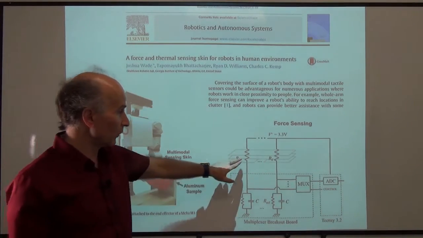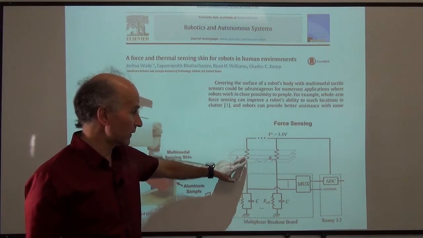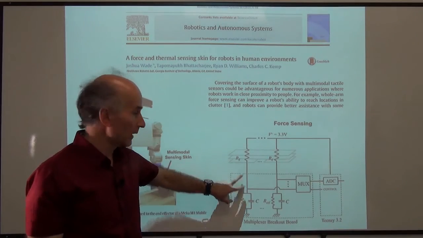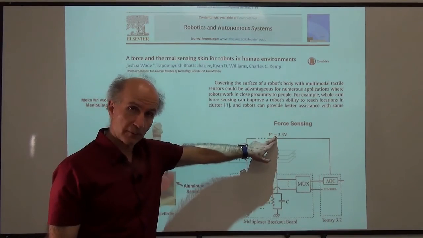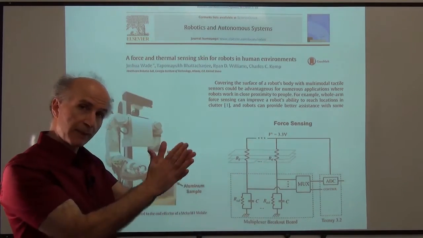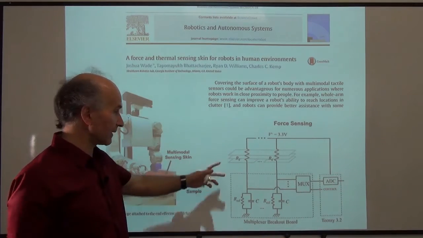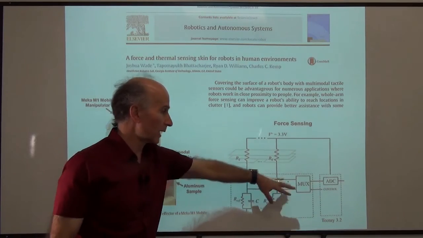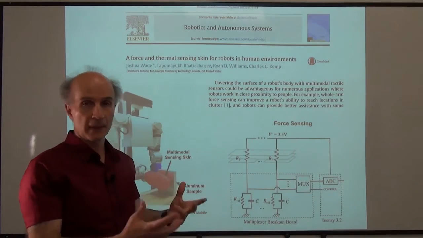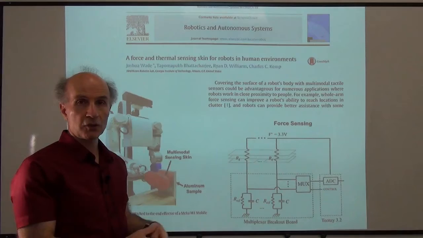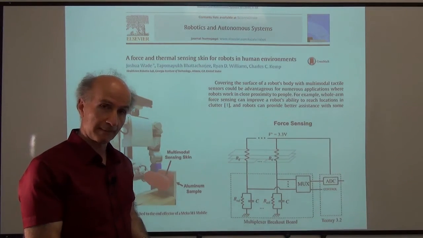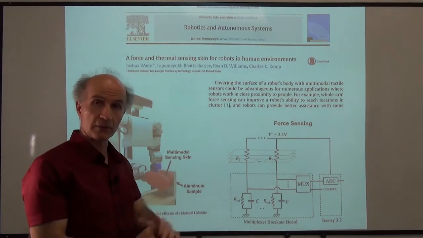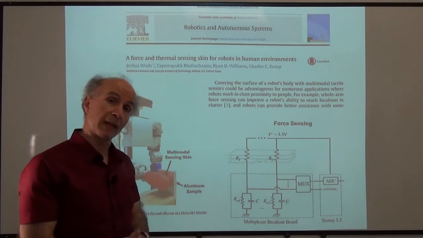And now, just like before, we form a voltage divider using that resistor and a constant resistor. And this is connected to a battery voltage. So as the robot presses against something and the value of the resistance changes, so does this voltage. This voltage changes, we can measure it by some electronics, and then we can tell how much pressure the robot is experiencing. So that's another interesting application where just simple resistors can do a great deal. Isn't that beautiful?